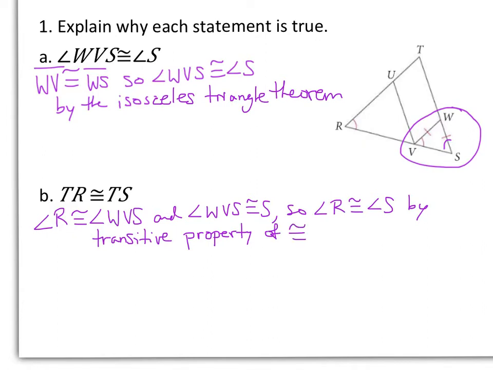And then if our two base angles are congruent, then the sides opposite those angles are going to be congruent. So therefore, TR is congruent to TS by the converse of the isosceles triangle theorem.